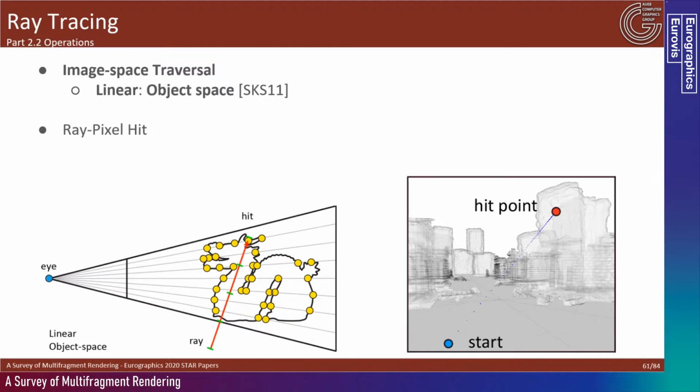What actually happens here is that each ray is sampled at fixed object space locations and tested against the depth values for intersections. This approach performs very efficiently, however, it suffers from under and oversampling issues.